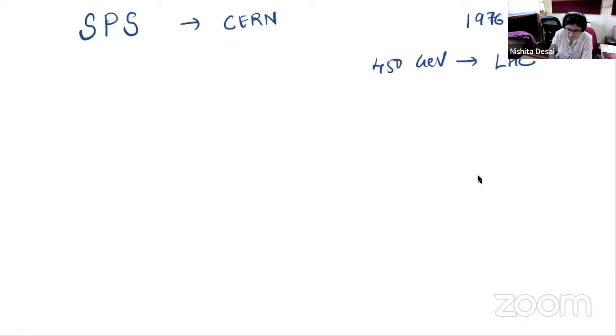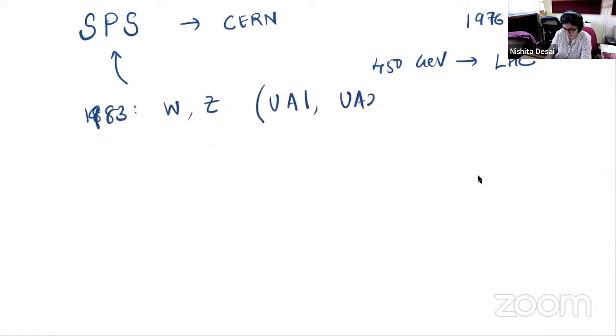So this particular accelerator made some of the most fundamental discoveries. The main one was in 1983, which was the discovery of the W and Z. This was by two experiments running at that time, called UA1 and UA2.